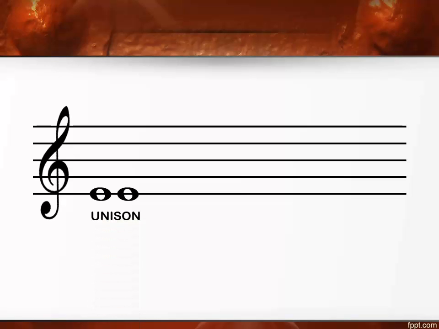Some people have always said it is a first interval. No, it's not first. There is nothing like first like that. You call it unison because these notes are going to be on the same pitch. Each line or space on this staff is regarded as a pitch. I believe you understand that.